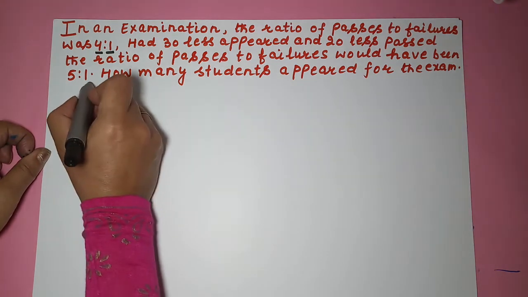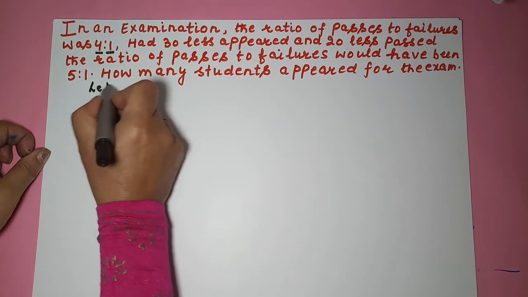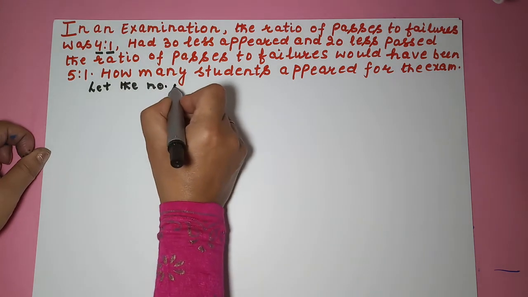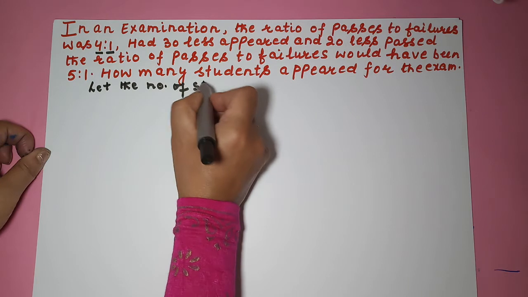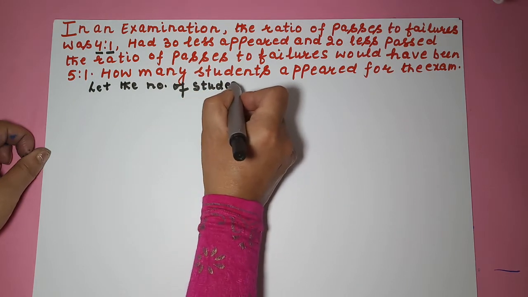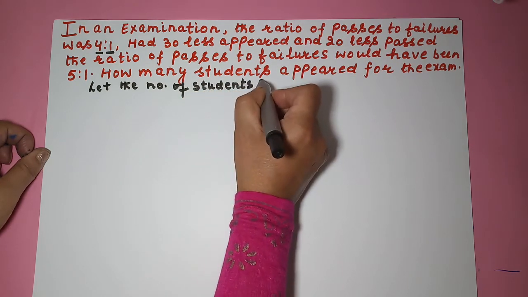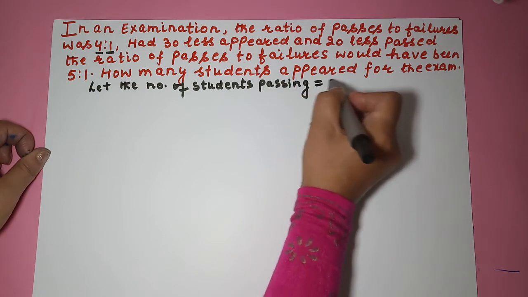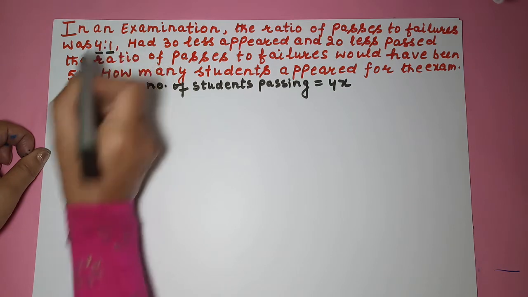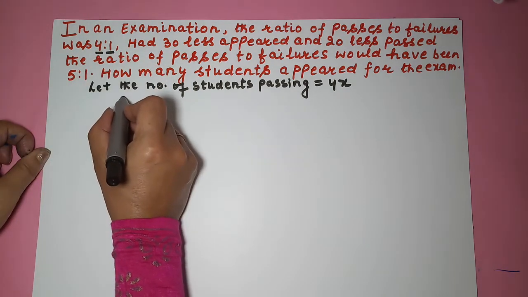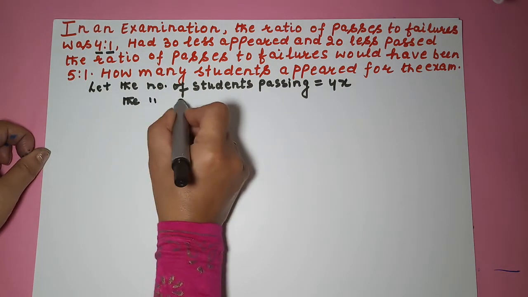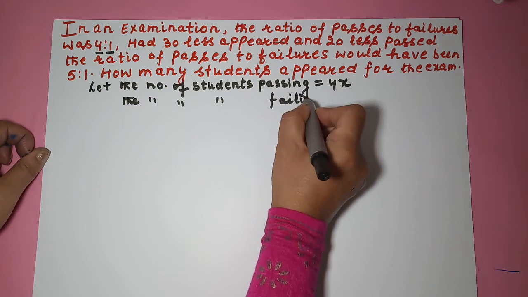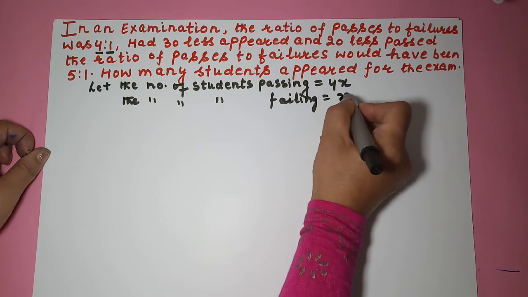So let's say that let the number of students who passed is 4x, because the ratio is 4:1, and the number of students failing is equal to x.